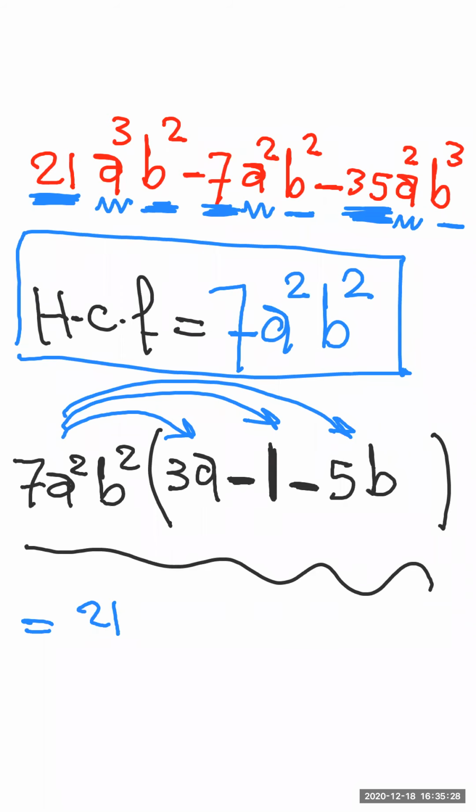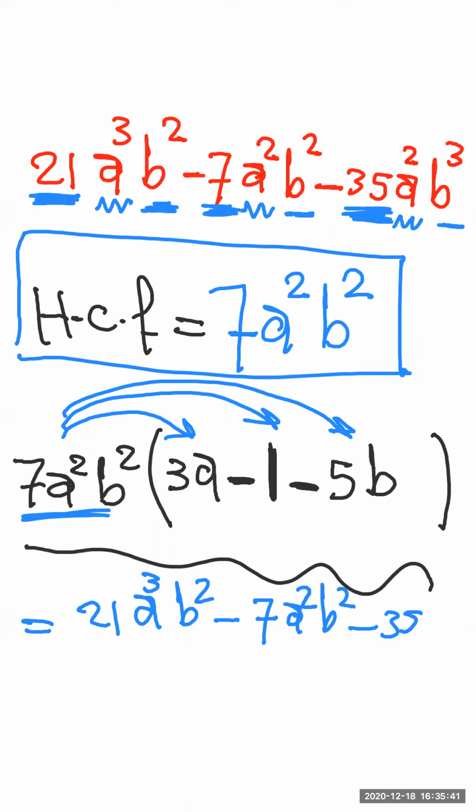A squared times A power 3. Then B power 2 minus this term times 1. So the same term, 7A squared, B squared minus 7 times 5, 35. B squared times B power 3. Then, sorry, I have to write A first.